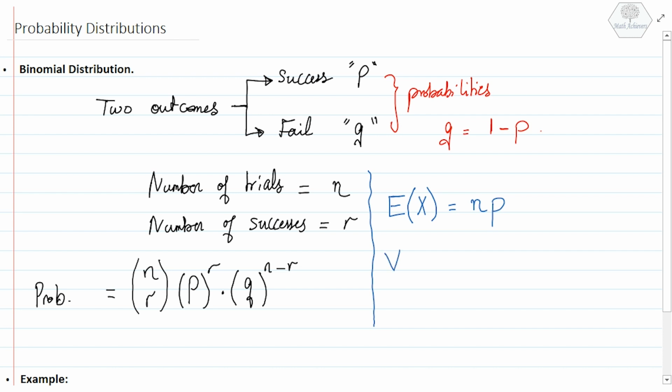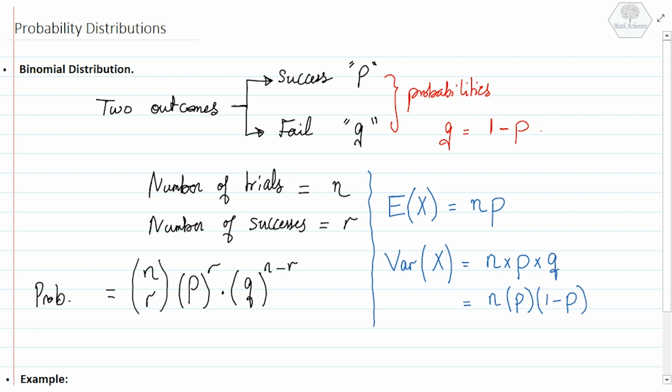The variance for a binomial distribution is simply equal to N, the number of trials, times P, the probability of success, times Q, the probability of failure. So I have it to be N times P times Q, which I know as 1 minus P.